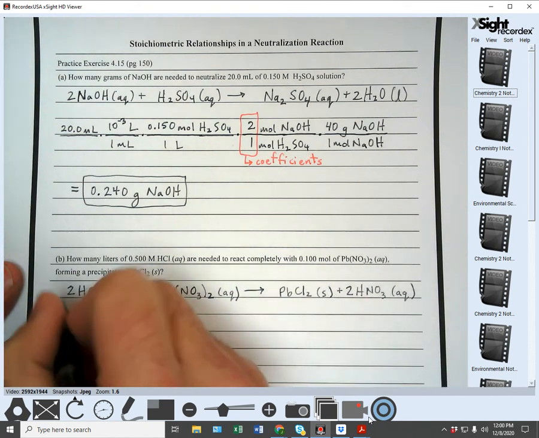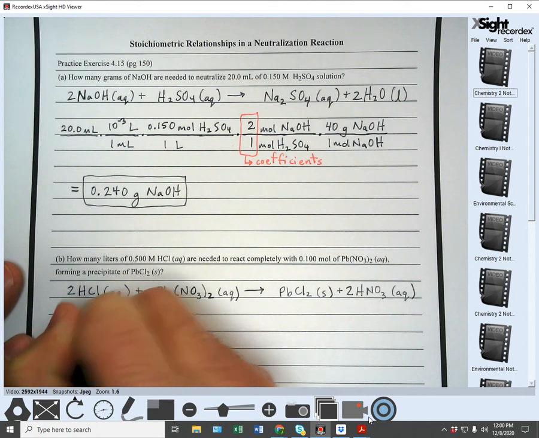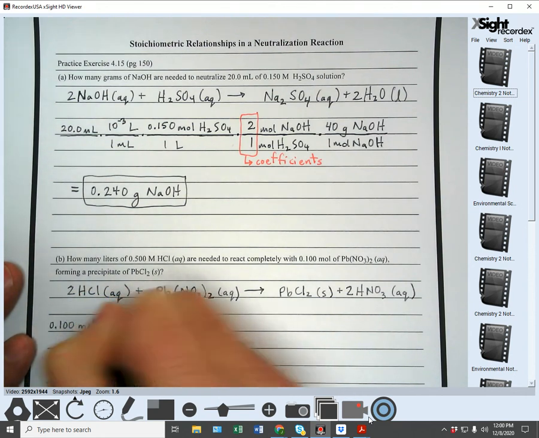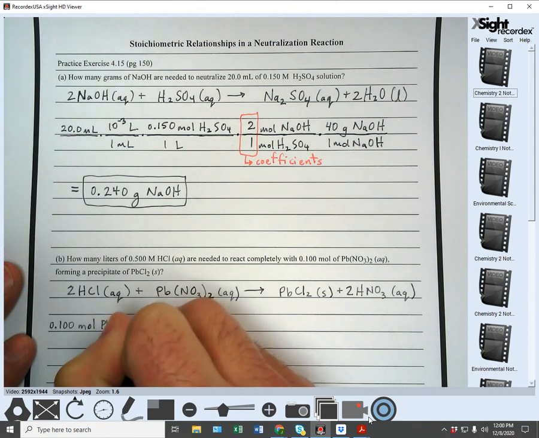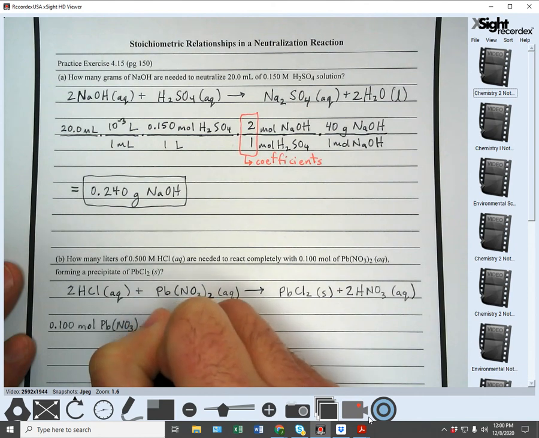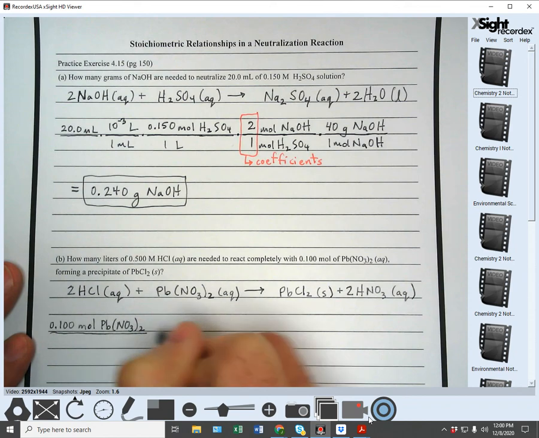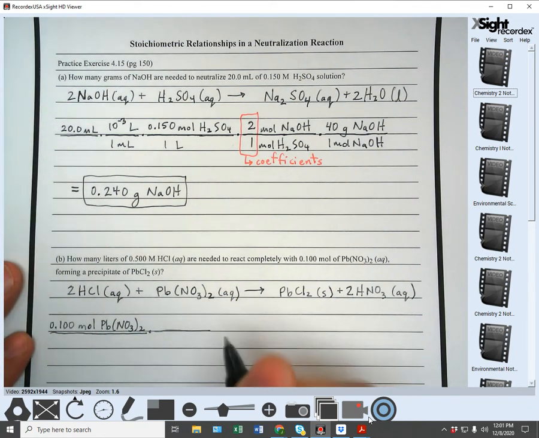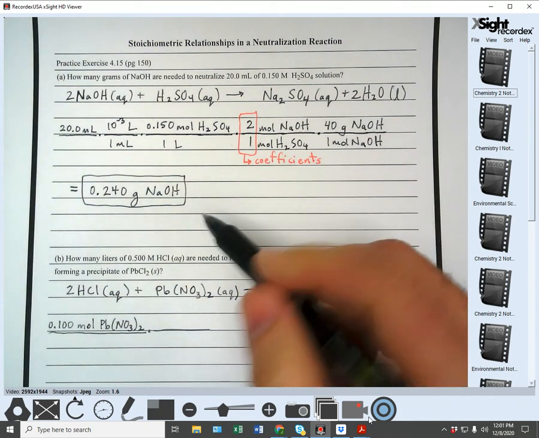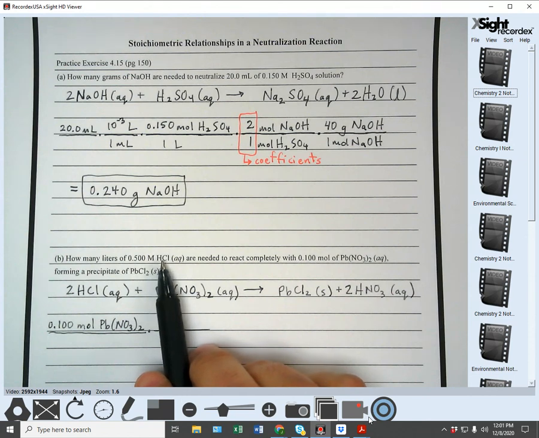So I'm going to start with the 0.100 moles of my Pb(NO3)2. Okay, and then, so now, what do I need? Well, I need liters of the HCl, right?